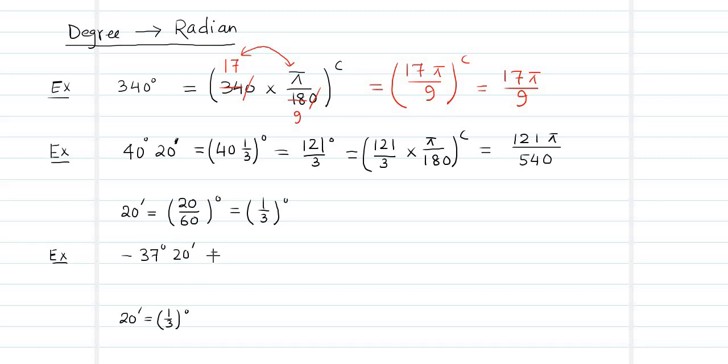So what you can write, minus 37 whole 1 by 3 degree, that is equal to minus 112 by 3 degree, same as 112 by 3 into pi by 180 radian.